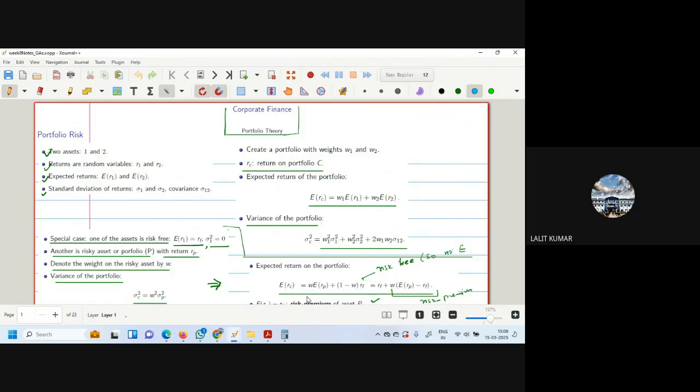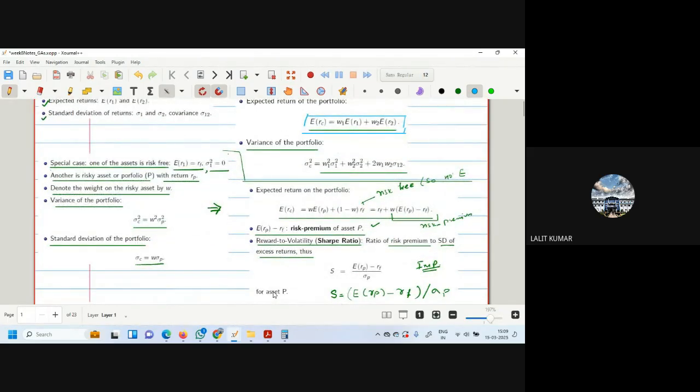If we have two risky assets, this is the formula which gives the expected return. Expected return will be weight 1 into expected rate 1 plus weight 2 into expected rate 2. Your formula for standard deviation and variance remains the same, which we covered yesterday.